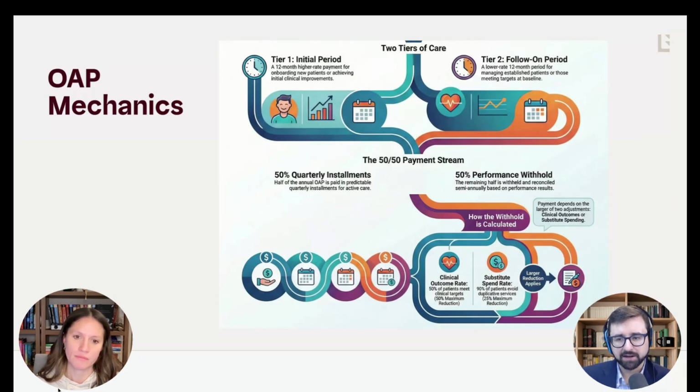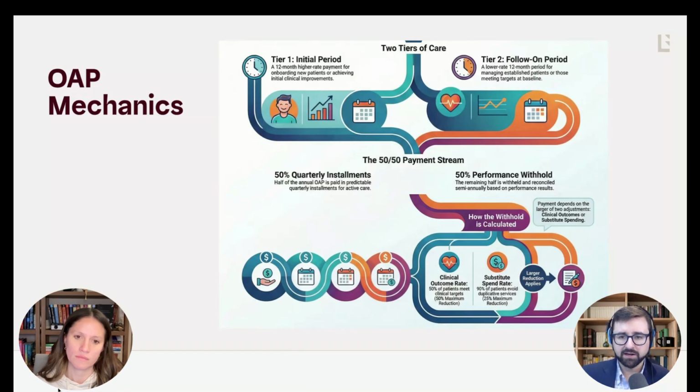There's a second category of adjustment, which is referred to as the substitute spend adjustment. Basically, Medicare is asking, did you avoid any duplicative spend associated with care for these patients? So did you make sure that a patient participating in this Access model didn't have an RTM code dropped for managing their condition from a separate provider organization?